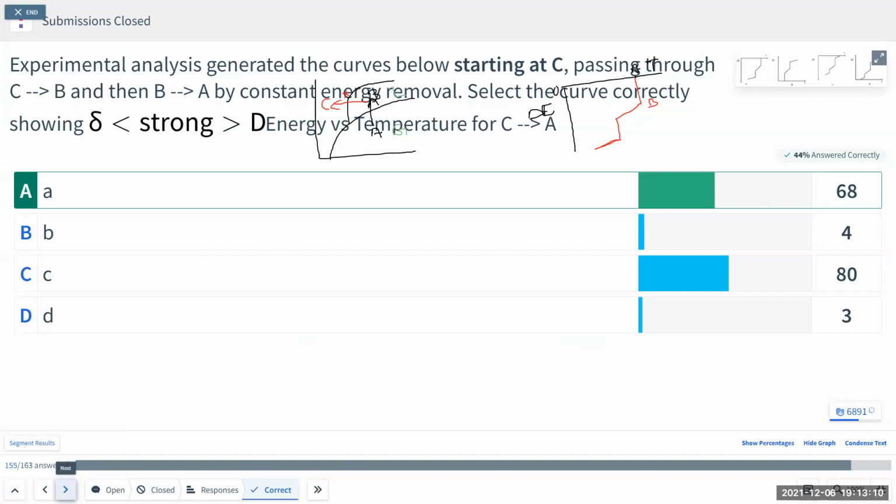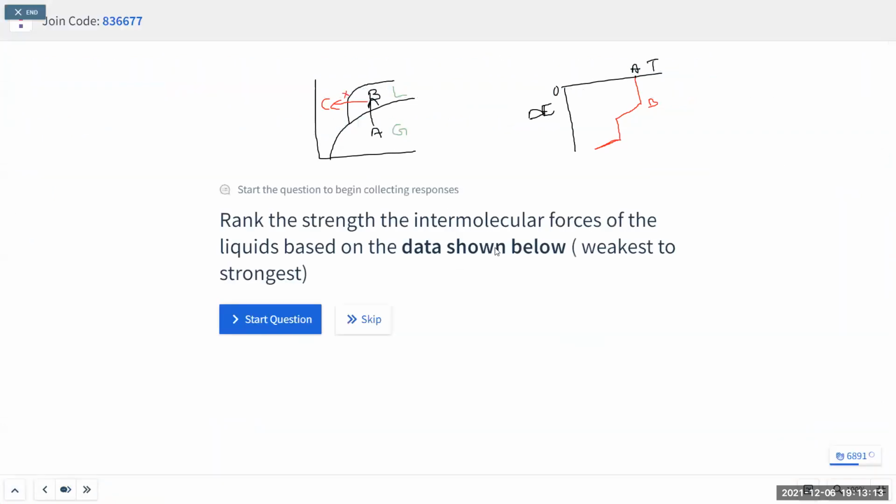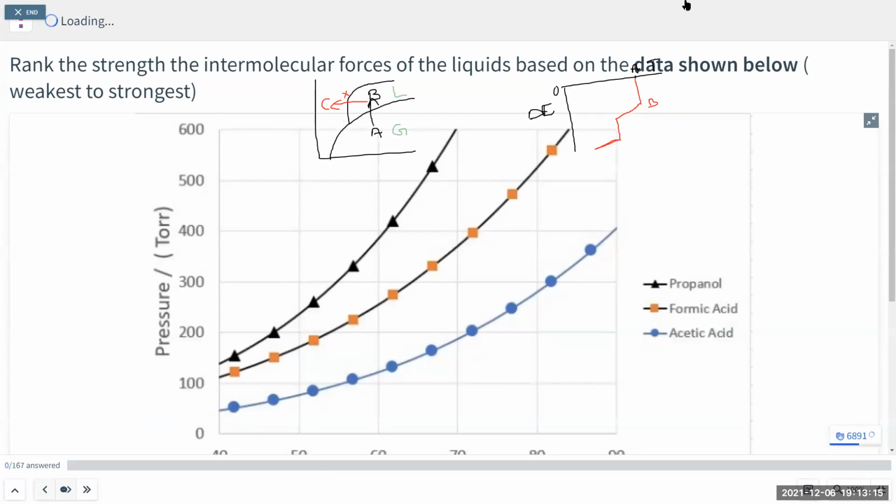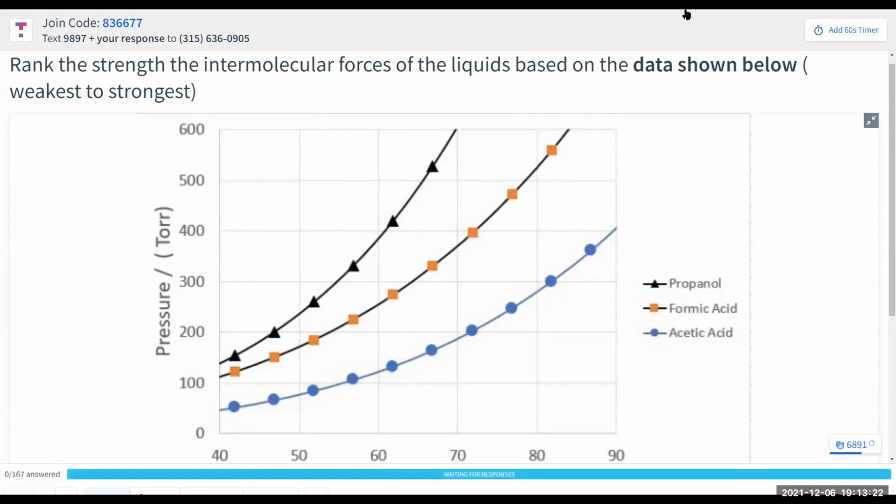Okay, let's do one last question for today. Let's see if we can get 90% correct answers. I know it has been some time since we have dealt with the phase diagrams, phase transitions, and delta E versus temperature diagrams.